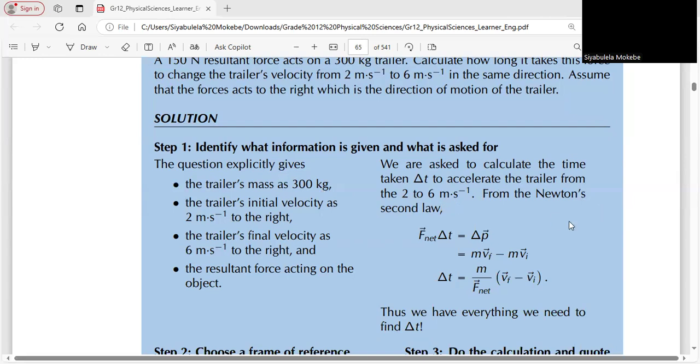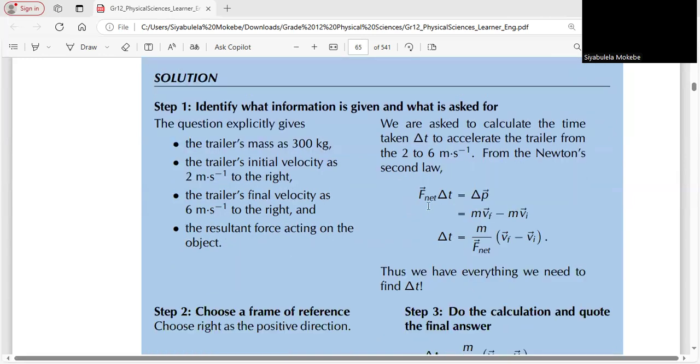From Newton's second law, we know that F net delta t is equal to change in momentum, which is equal to m vf minus m vi, and change in t is equal to m over F net times (vf minus vi).